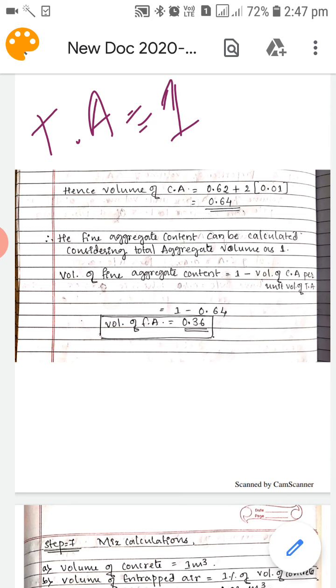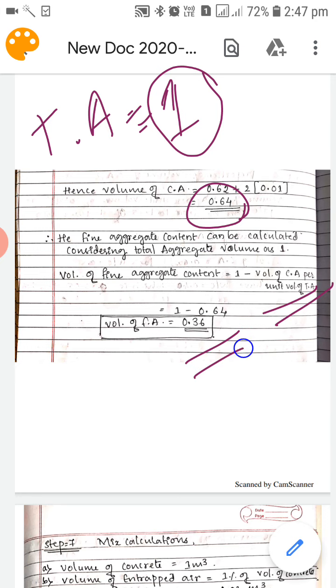The total aggregate is nothing but the sum of coarse aggregate plus fine aggregate. We know the volume of coarse aggregate as 0.64. Deducting it from the total volume of the aggregate, we get the volume of fine aggregate.